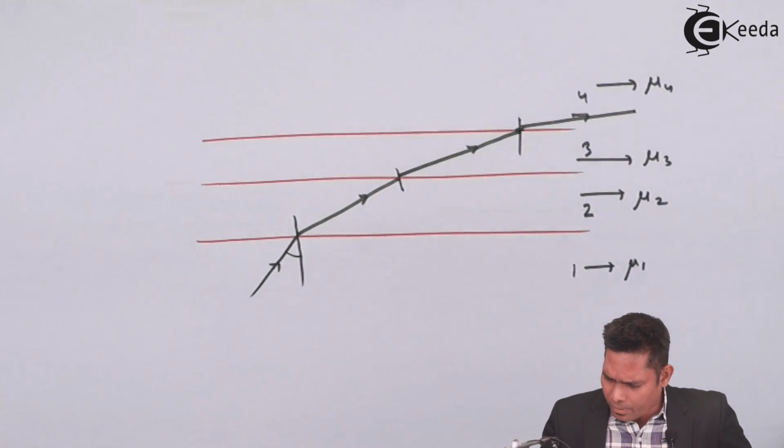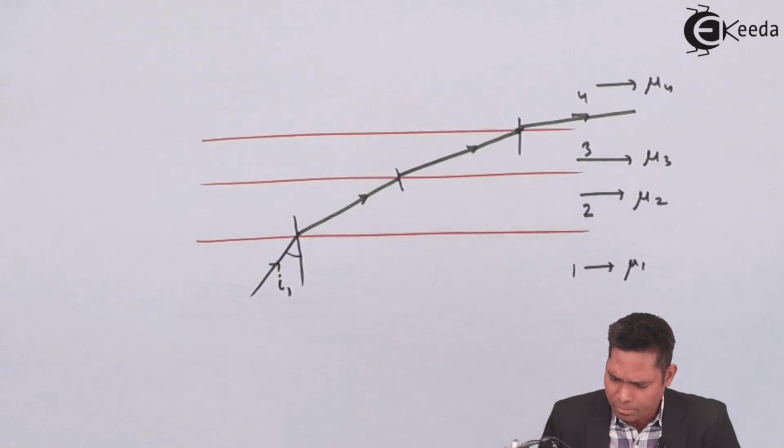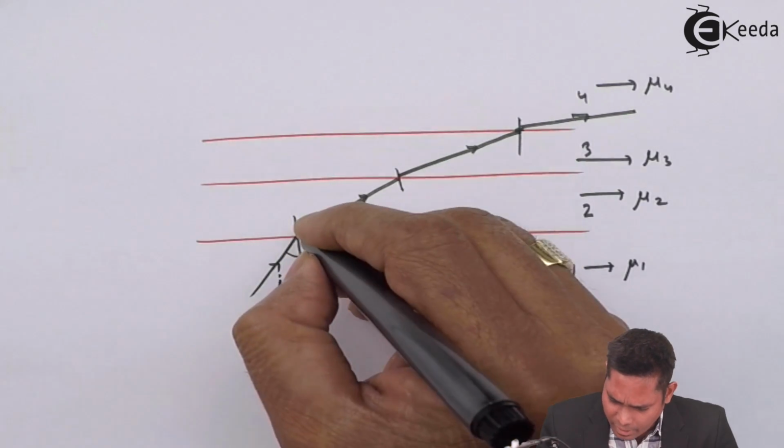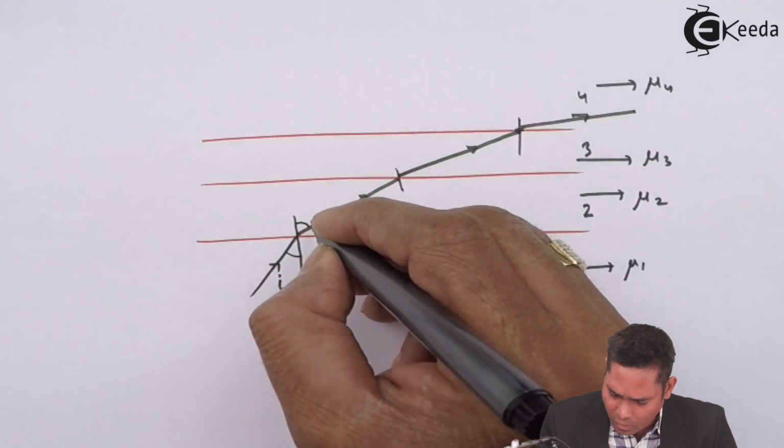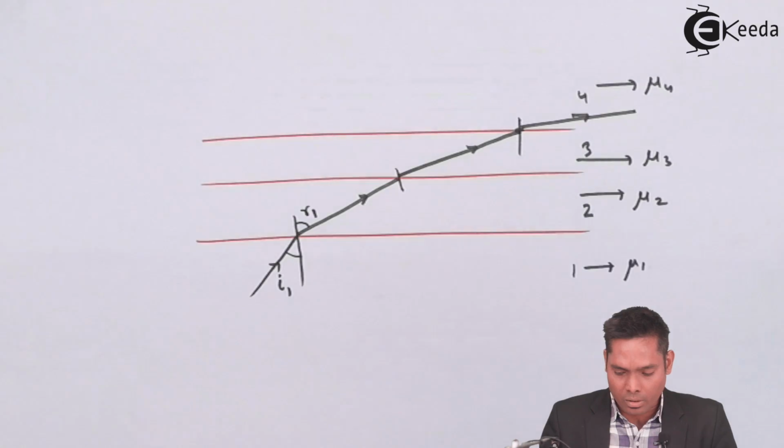Now suppose I consider this angle as I1 for the first medium. This angle I call R1.